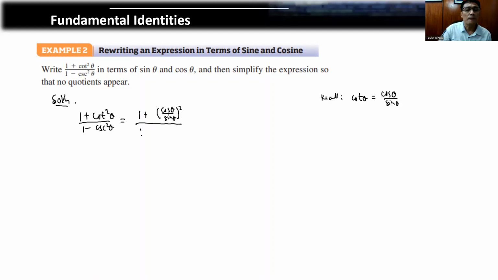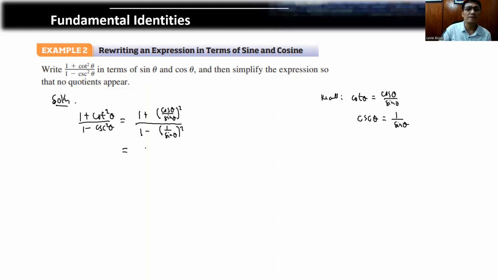And then we have cosecant squared theta. We recall also that cosecant theta, from the reciprocal identities, is the reciprocal of sine. So therefore, this is 1 over sine theta. So we replace that cosecant with 1 over sine theta, then square.